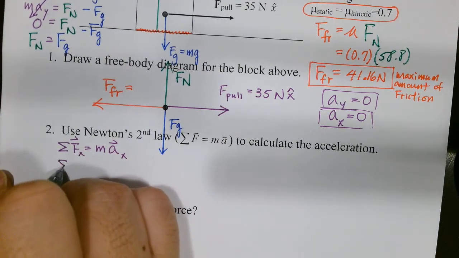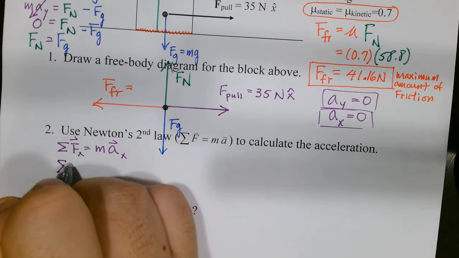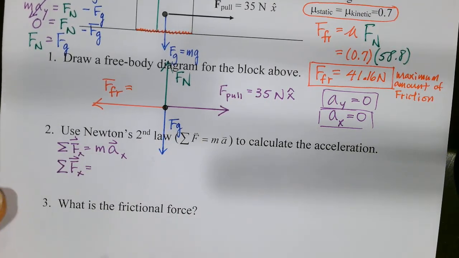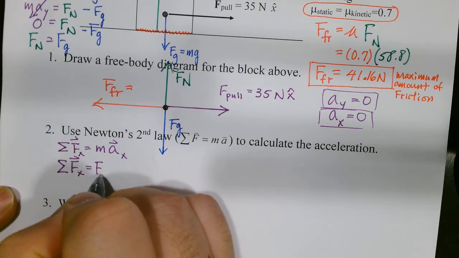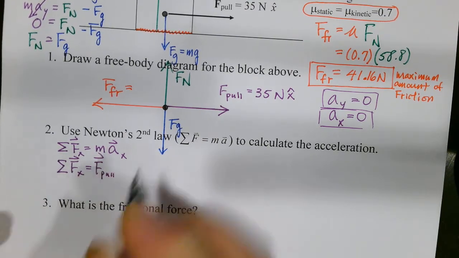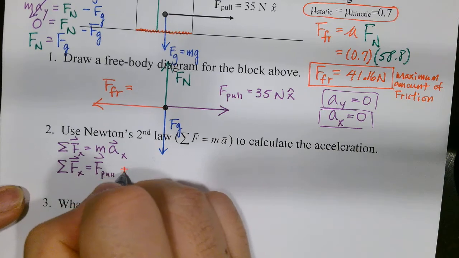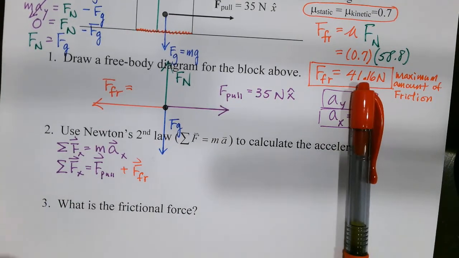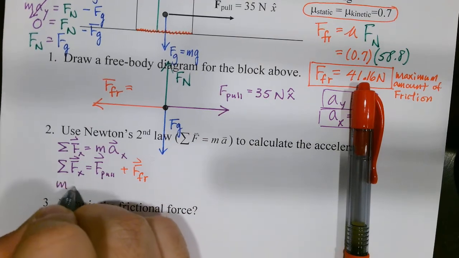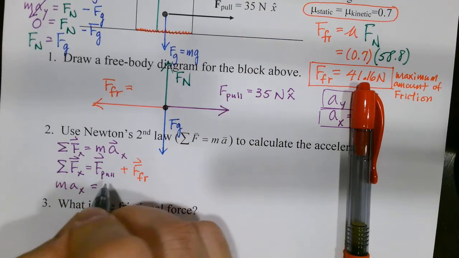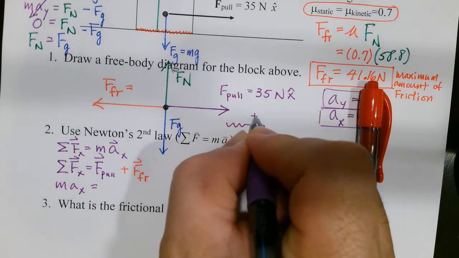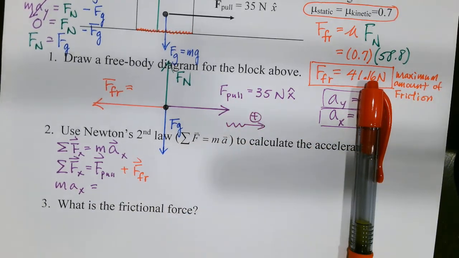Then sum of all forces in the x direction is equal to force pull plus friction. So ma is equal to, I'm going to consider this direction positive because that is the direction of motion, or its intended motion.